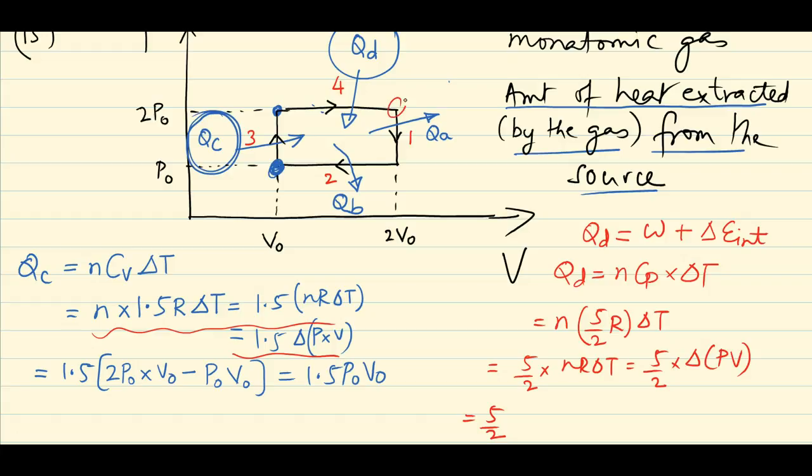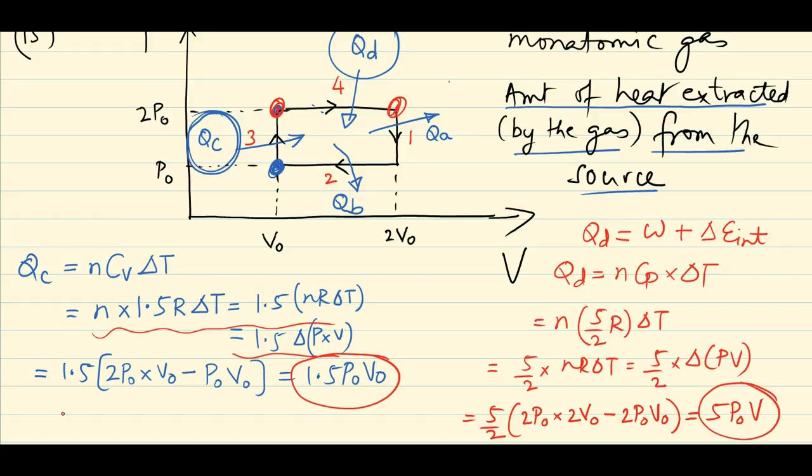So we are talking about this point. PV final is 2P0 times 2V0 minus PV initial. We are talking about this point, which is 2P0 V0. So this turns out to be 5P0 V0. That's QD.